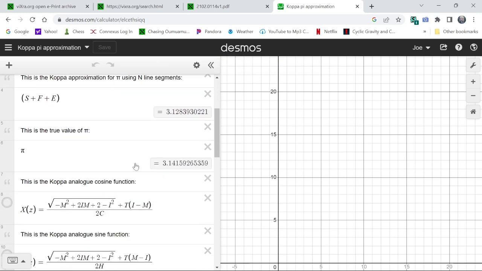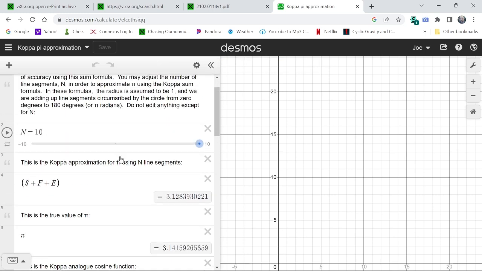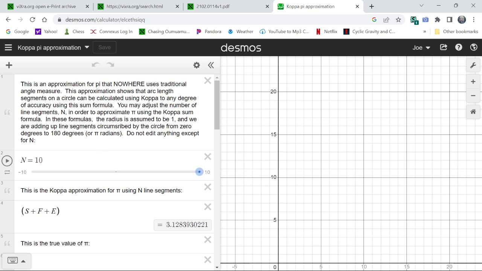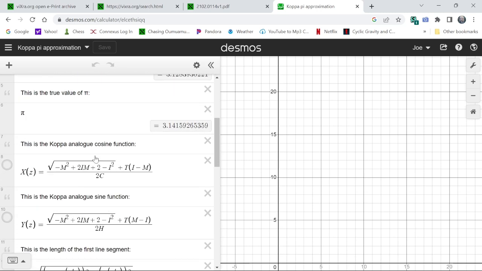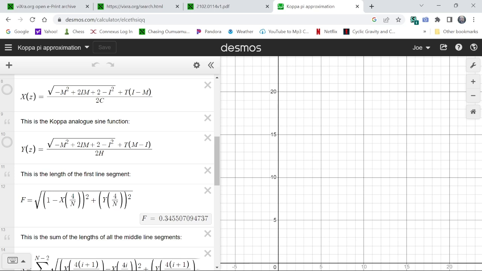What this approximation demonstrates is, if n is the number of line segments that we are going to draw around the unit circle in order to approximate pi. Now, these calculations are all explained in my paper, which, as I said, I'm going to link to. So if this is a little too confusing right now, don't worry about it. But this is the major point here.